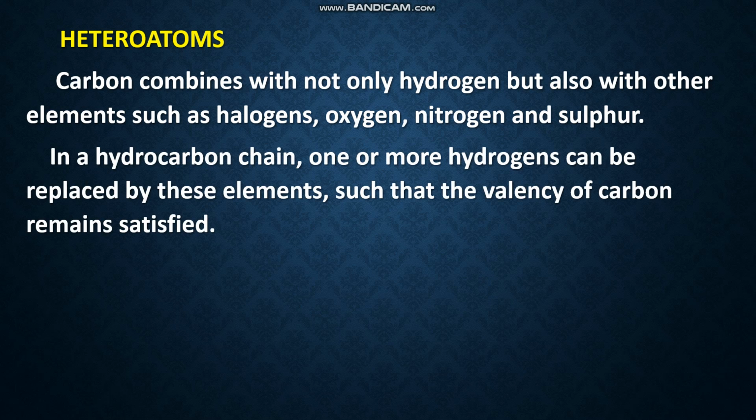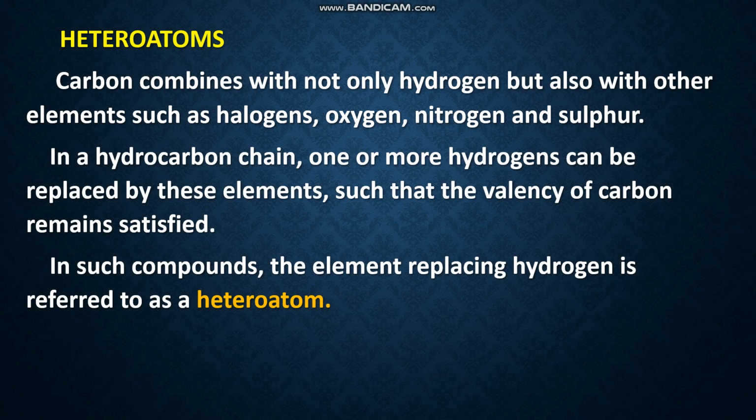In a hydrocarbon only carbon and hydrogen are present, as in alkanes, alkenes, etc. Instead of one hydrogen, another element like halogen, oxygen, nitrogen or sulfur can occupy the place. In such compounds, the element replacing hydrogen is referred to as a heteroatom.